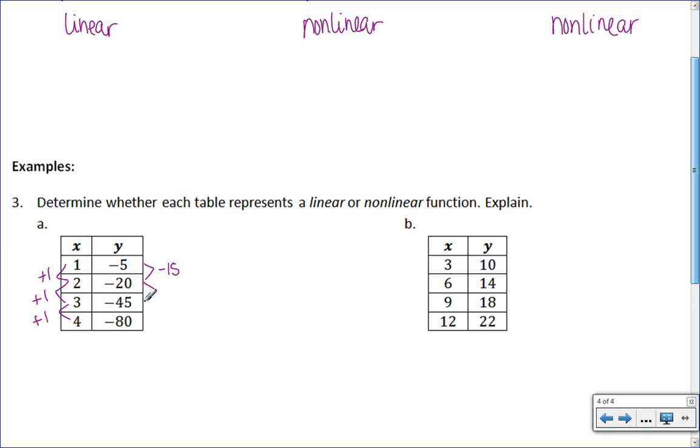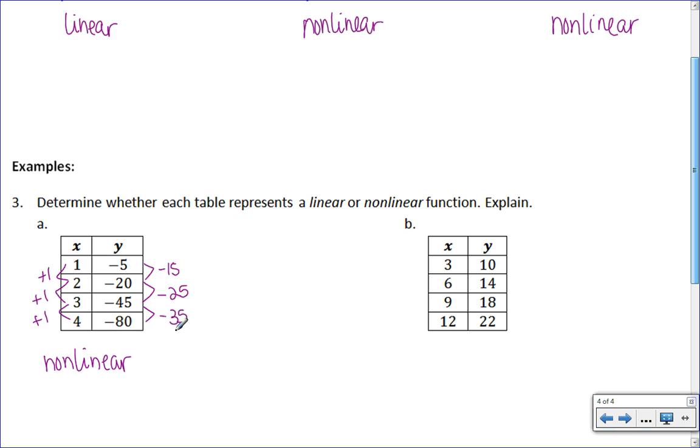But then from negative 20 to negative 45, goes down 25. And then from negative 45 to 80, that goes down 35. So there's definitely a pattern here, but the change is not constant. So this would be a nonlinear function, because this rate of change shown in the table is not constant.